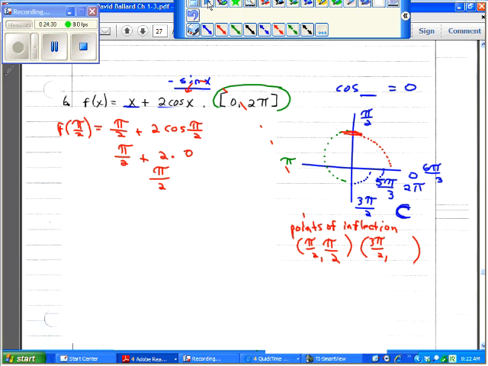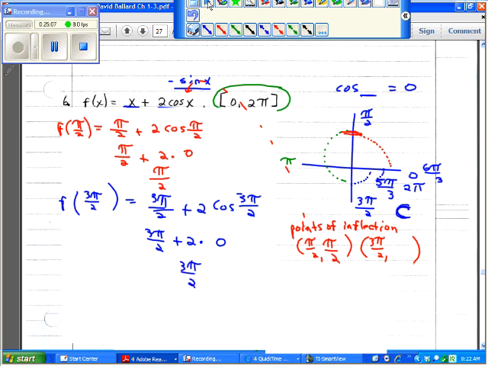And then we need to find the function value that goes with 3 pi over 2. So we want f of 3 pi over 2, which is going to be 3 pi over 2 plus 2 times the cosine of 3 pi over 2. And so we have 3 pi over 2 plus 2 times 0 again, which gives us 3 pi over 2.